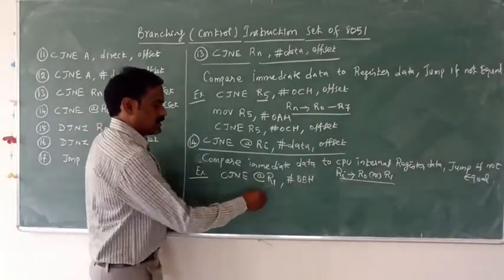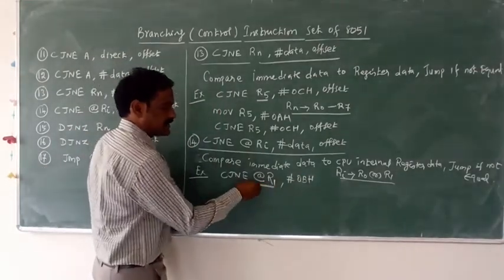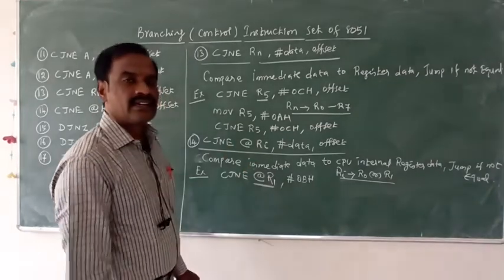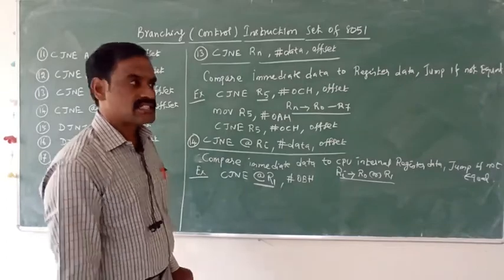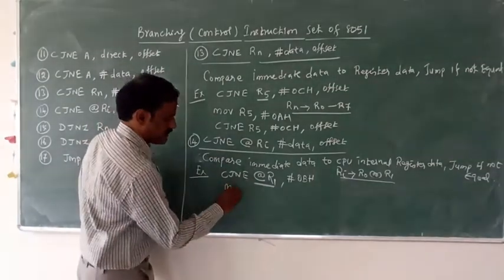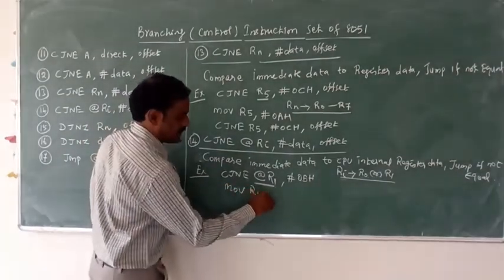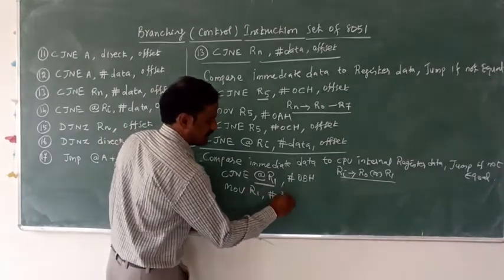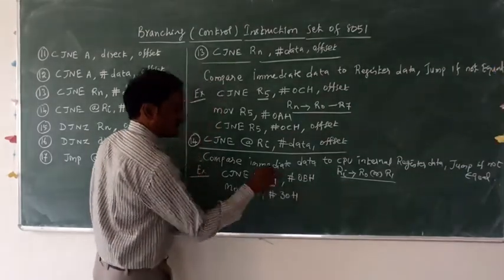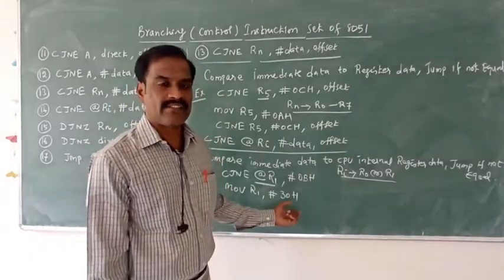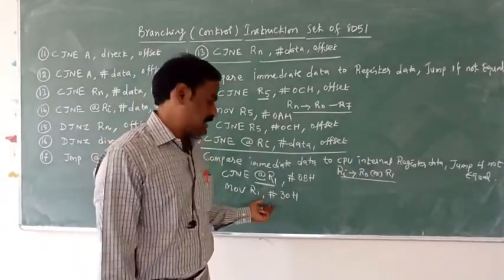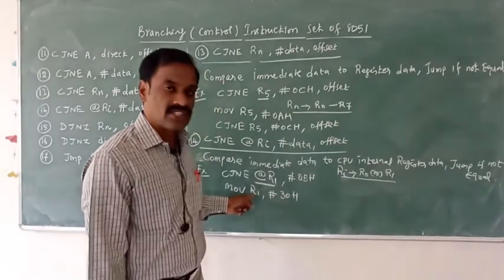Okay, first we have to initialize the internal register address. For that we will use MOV R1, #30H. Data is not available directly. The data will be available in memory, and the memory will be addressed by the internal register.